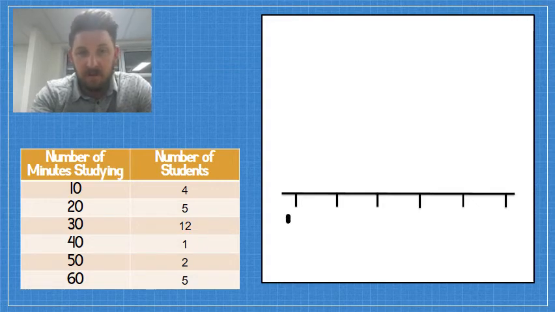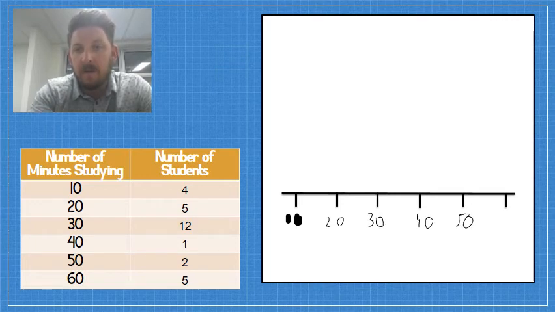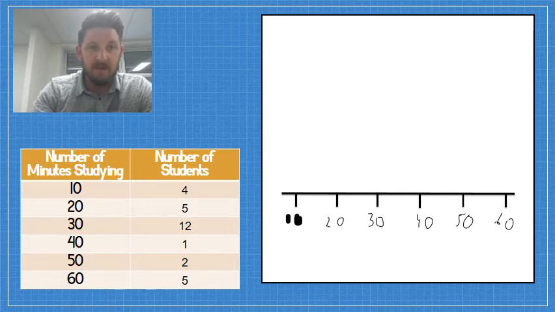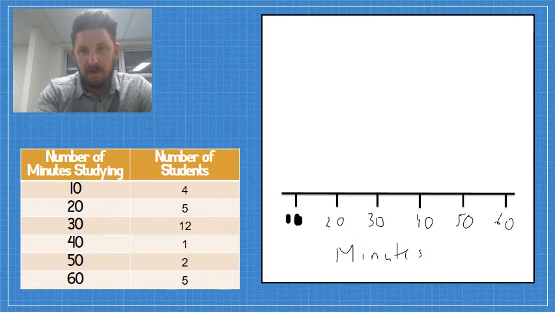So my different options are 10, I'm going to make that a bit skinnier, 20, 30, 40, 50, and 60. I also know that I need to have a title down there. It says minutes studied. So let's put minutes studied.